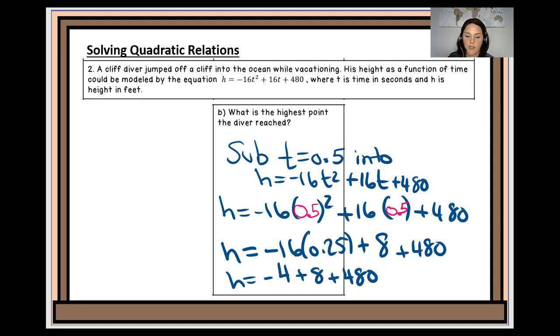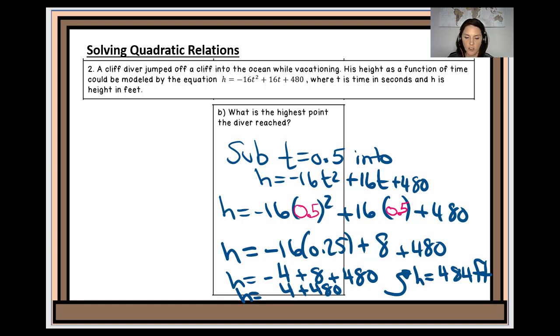And simplifying here, we get h is equal to 4 plus 480. So h is equal to 484. So the height is equal to 484 feet.